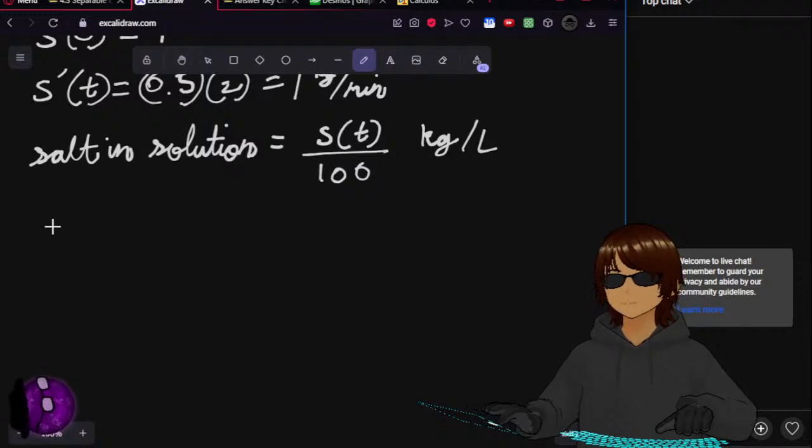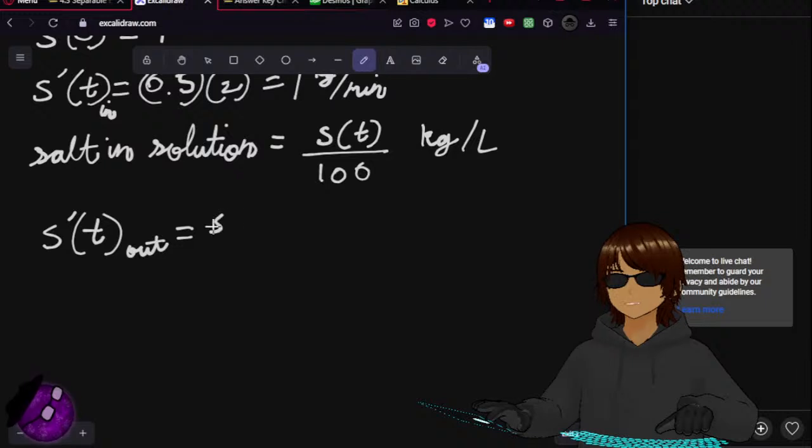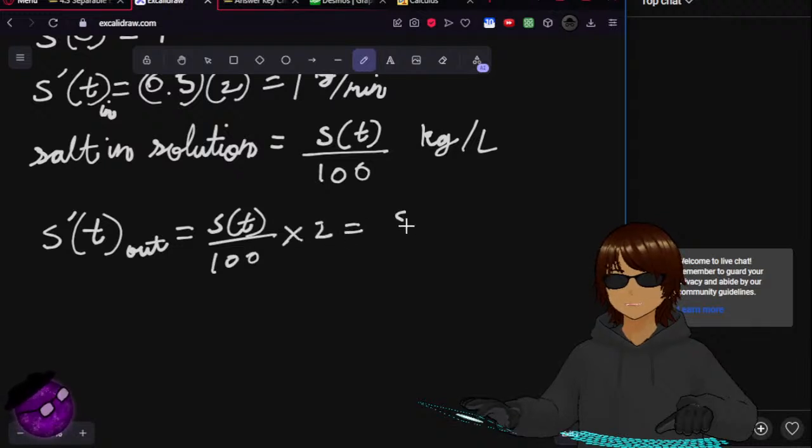Okay, so the outflow is equal to S(t) over 100 times 2 liters per minute.